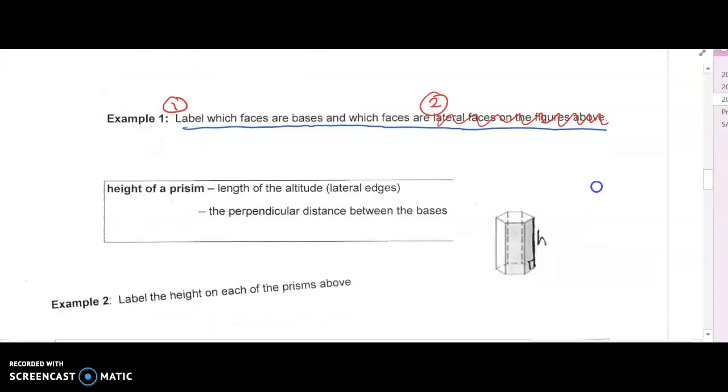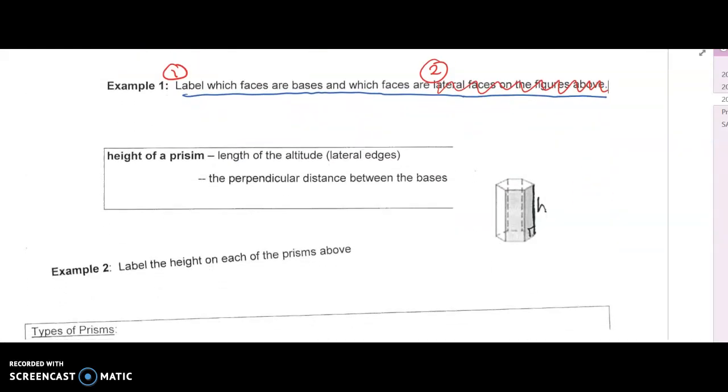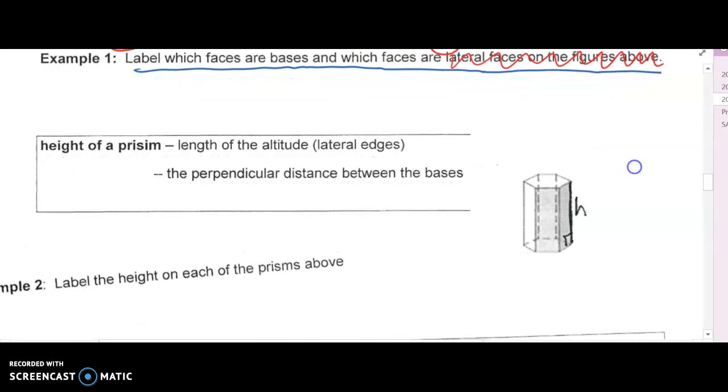So we talked about a minute ago that the height of a prism is the length of the altitude. In case you've forgotten what an altitude is, or lateral edge in this case, it's just an edge of the side of this shape. So this is a side edge is what that means, a lateral edge.